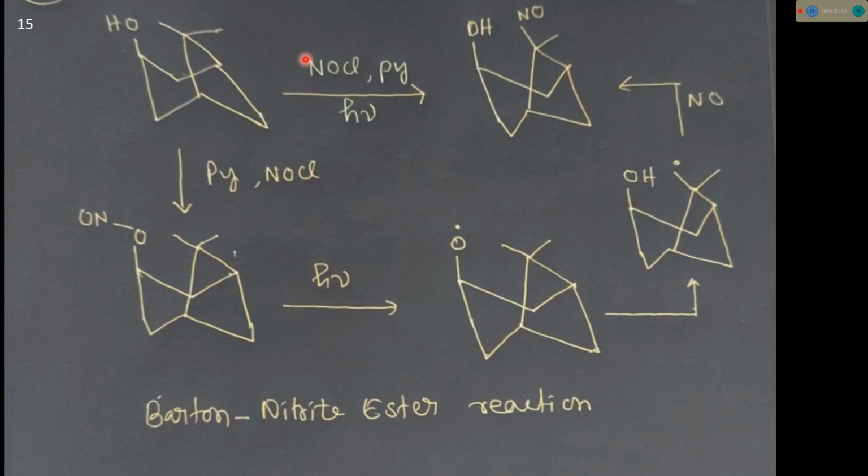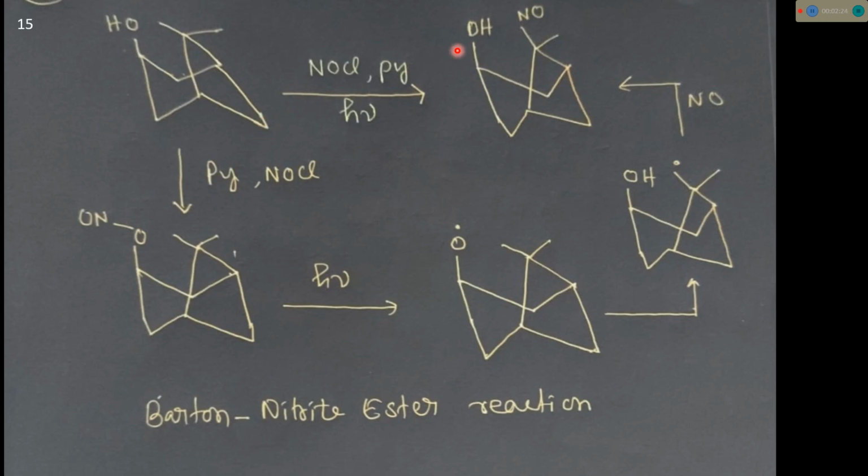But in this case, the delta hydrogen is far from this OH group, and in this structure there is no delta hydrogen in these positions. These are methyl groups, one closer to OH, one far from the OH group. So in the given options also there was no NO group attached at these positions.